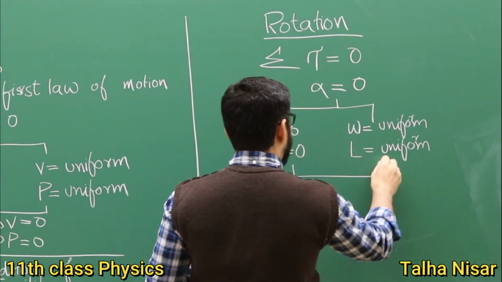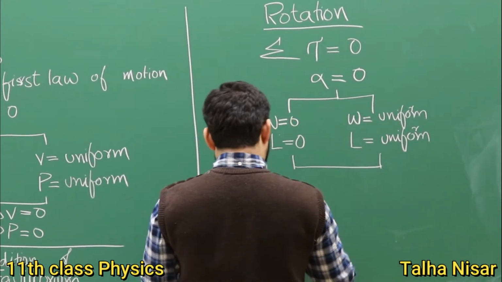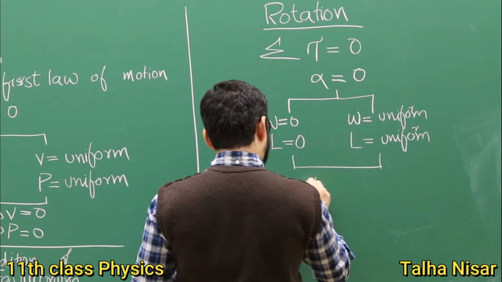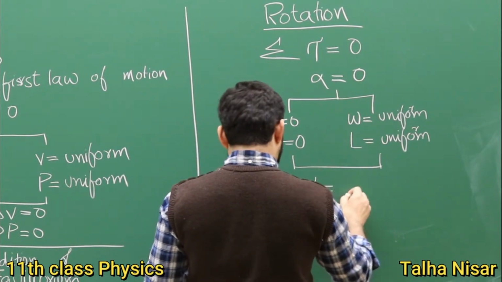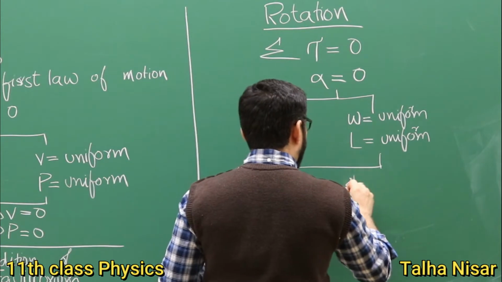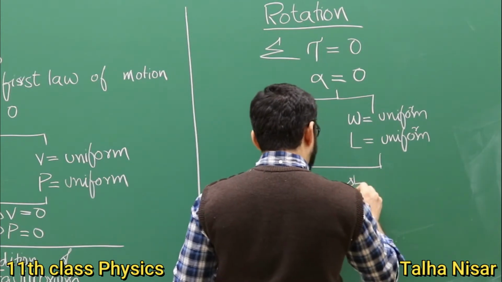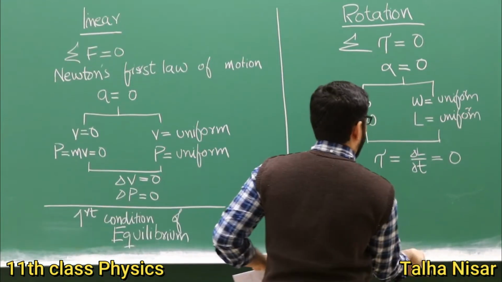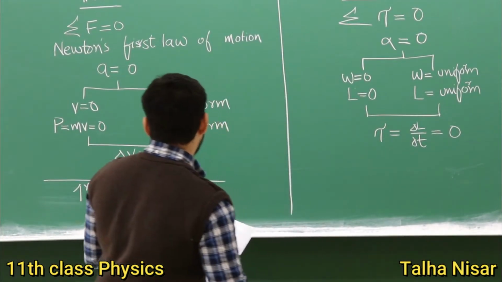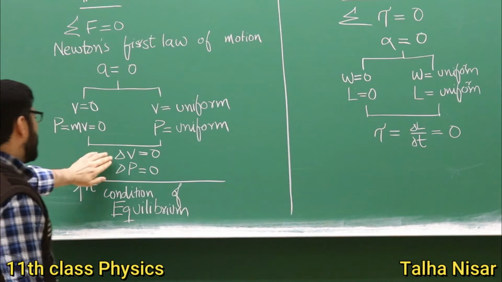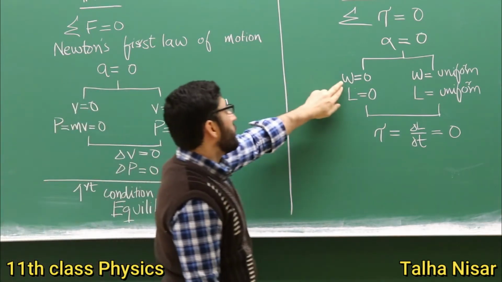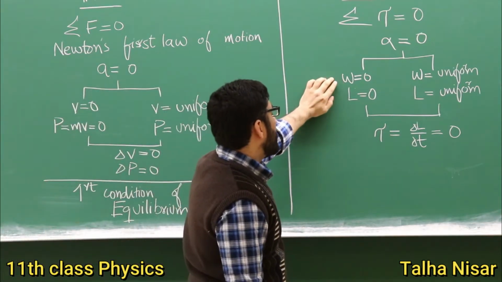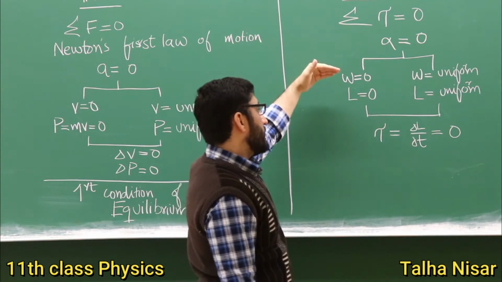So that means the torque, or change of angular momentum with respect to time, is 0. Here we talk about the change in velocity, and here we have the change in the angular speed.